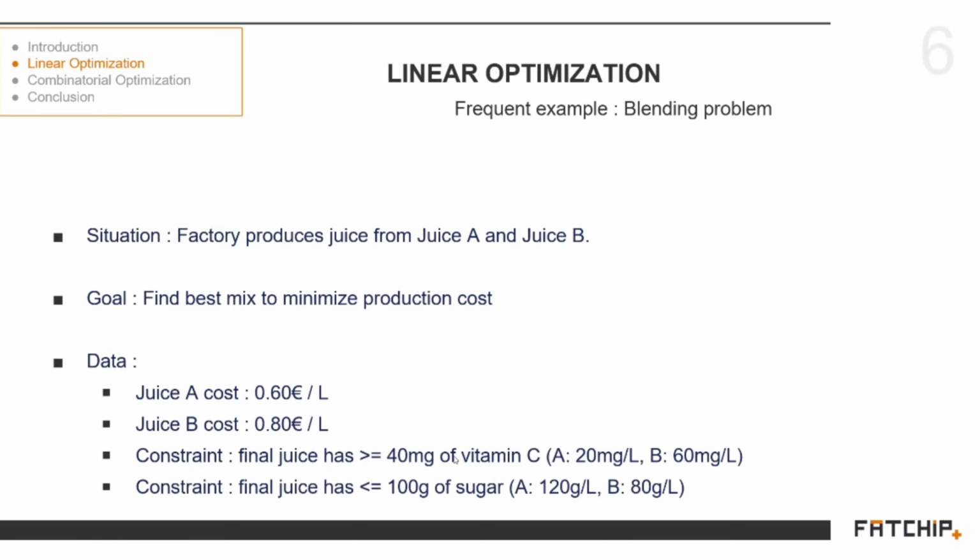That the final product has 40 mg of vitamin C minimum or more, and we also have the amount per ingredient, and that's what will be taken into account to find the optimal dose. Another constraint on the sugar: it should not have more than 100 grams of sugar per liter in the final product. And again, we have the values for the ingredients.